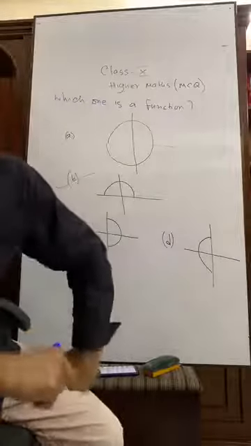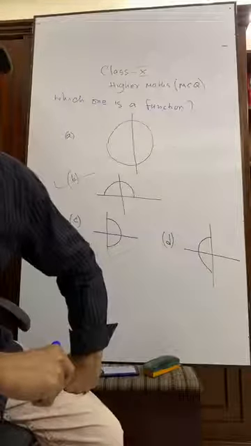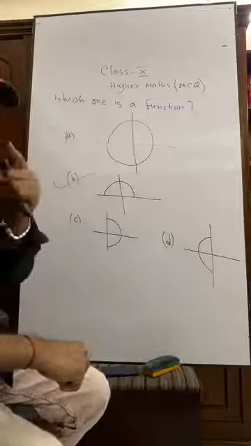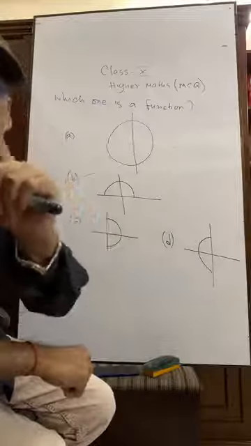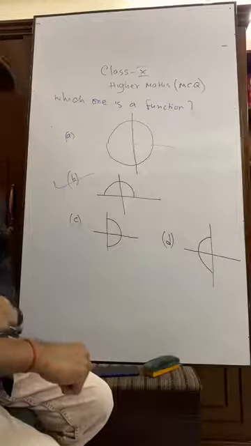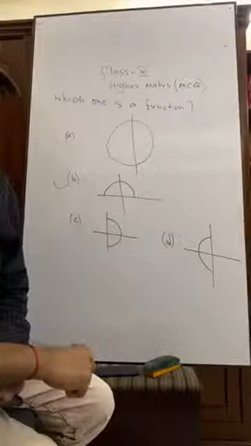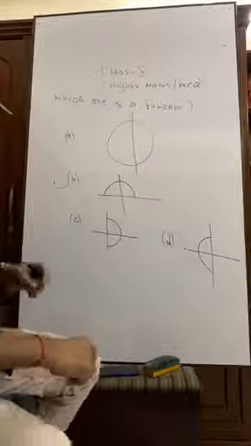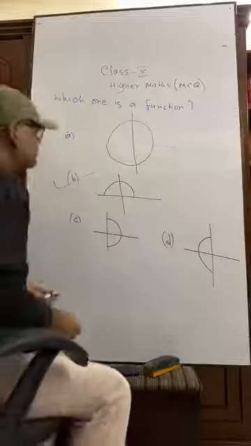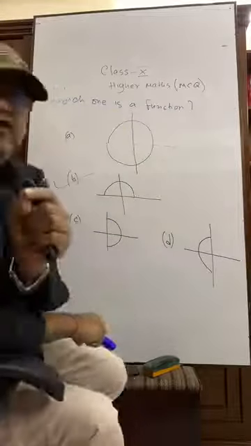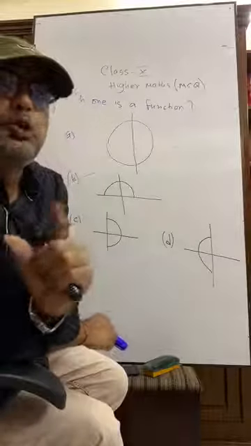Now you can think how its answer is B. Do you know the easiest procedure to determine from any graphical presentation whether it's a function or not? Okay, see. Suppose a straight line is to be drawn parallel to the y-axis.